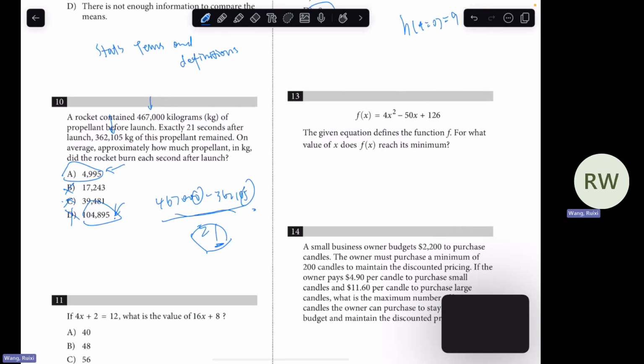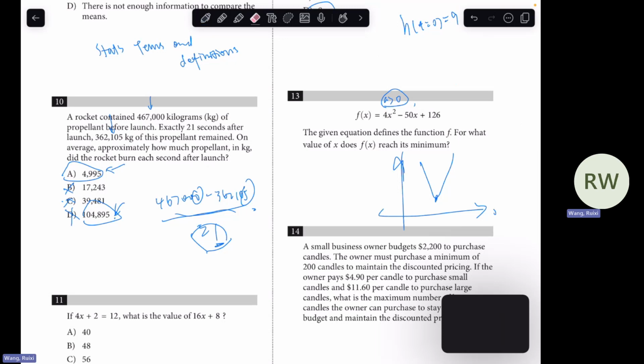Reach its minimum, right? Because in this quadratic function, a is larger than 0, so it opens up and does have a minimum. You're basically looking for its vertex.